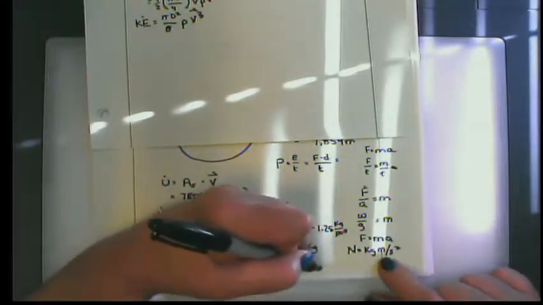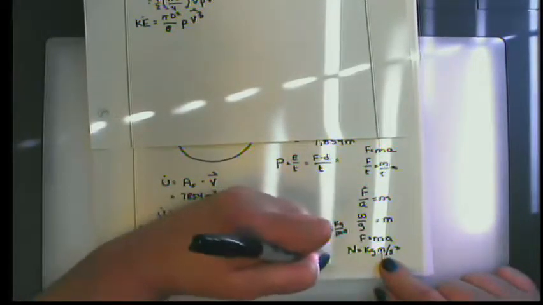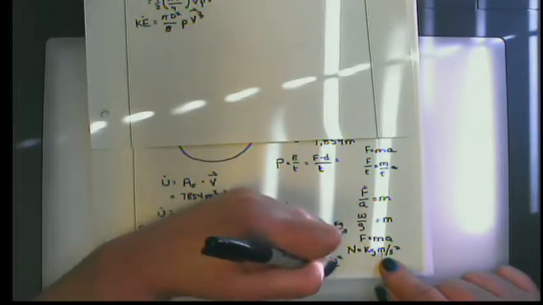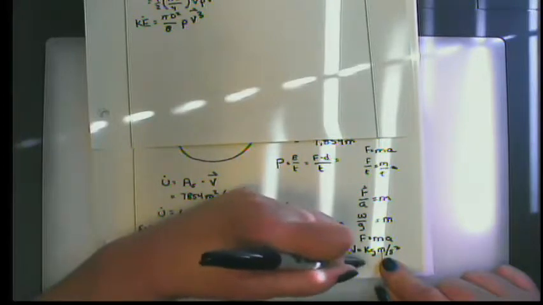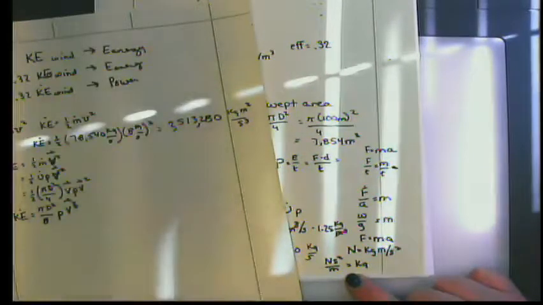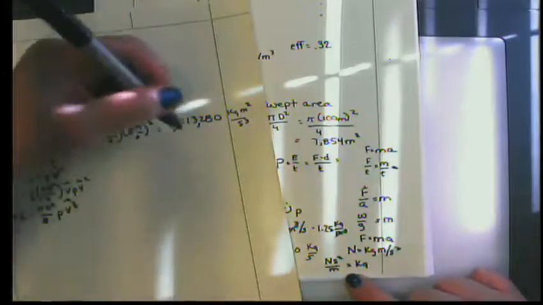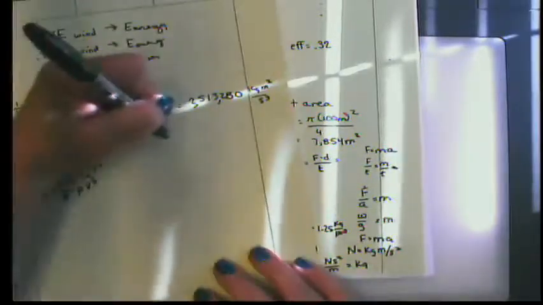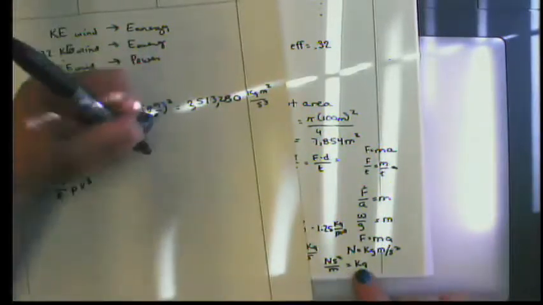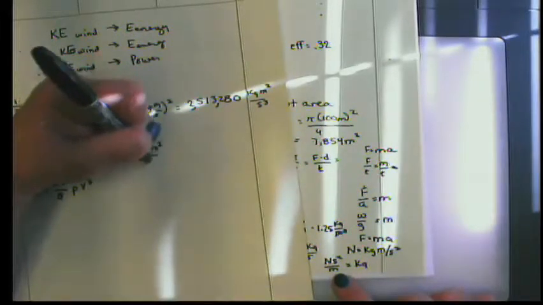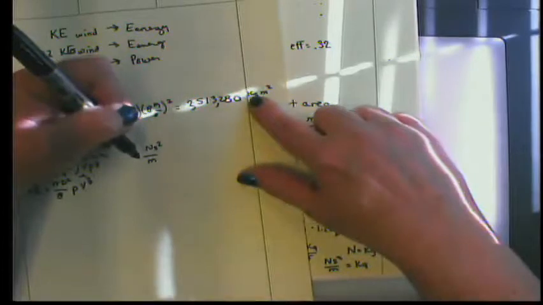So rearranging this equation to solve for kilograms, I can say then that a Newton second squared per meter is equal to a kilogram. And this is the substitution that I want to make in this unit in order to get my units to come out in something usable. So a kilogram is equal to a Newton second squared per meter.